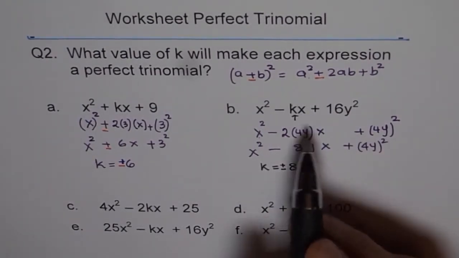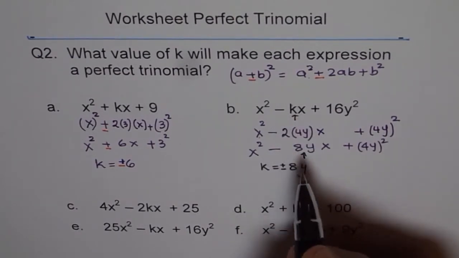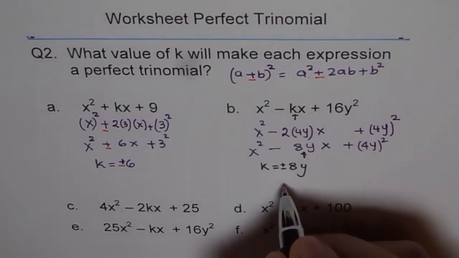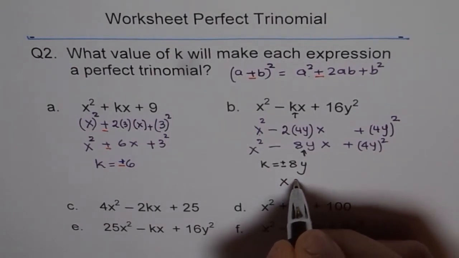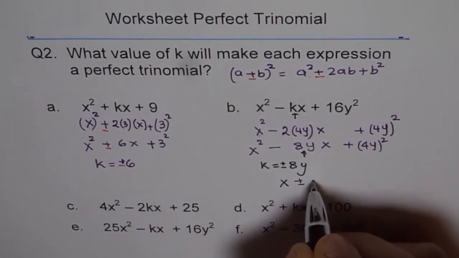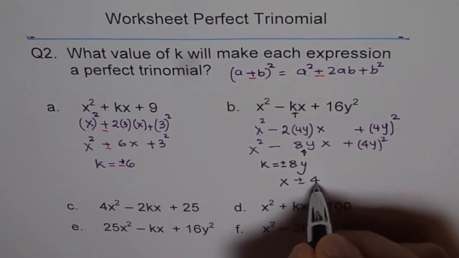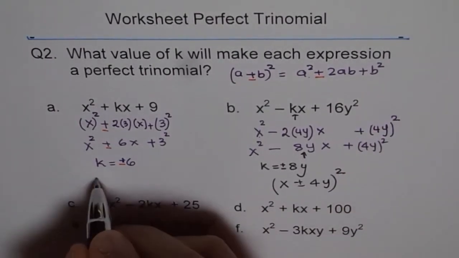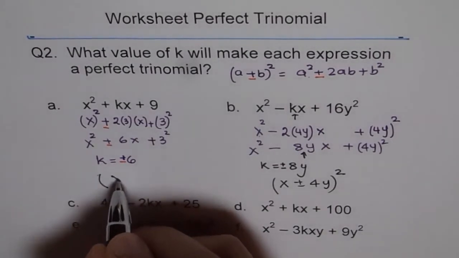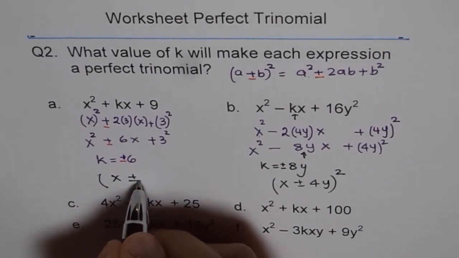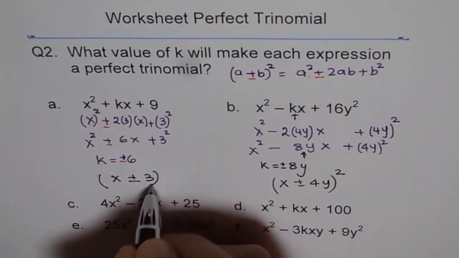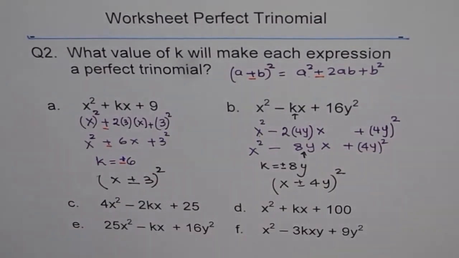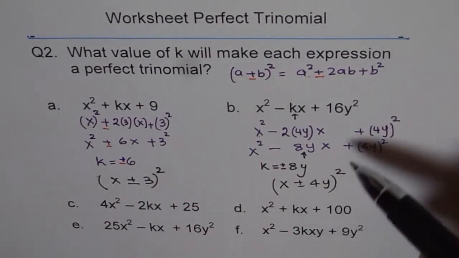If you plug in k as 8y, what do you get? You can factor this as (x plus or minus 4y) whole square. And this one can be factored as (x plus or minus 3) whole square, correct? So that is what makes it a perfect square.